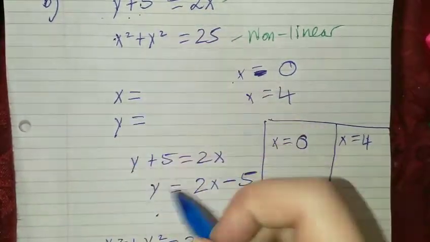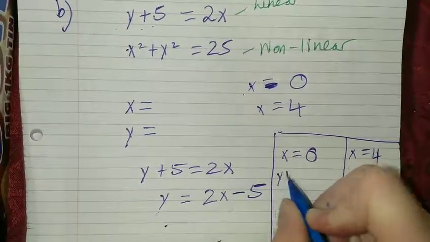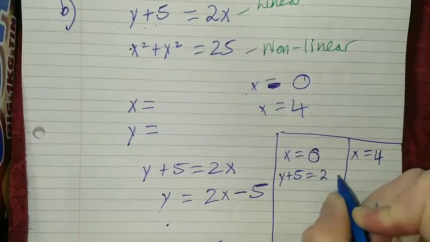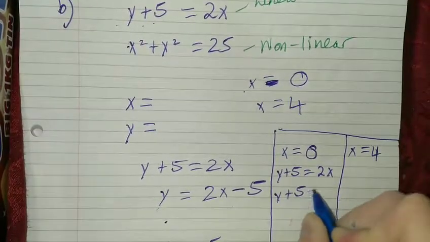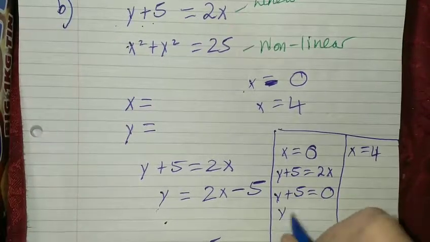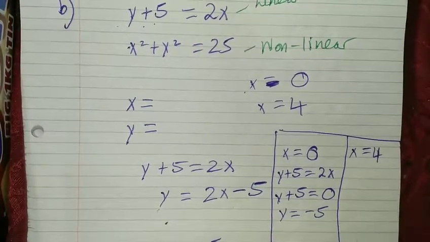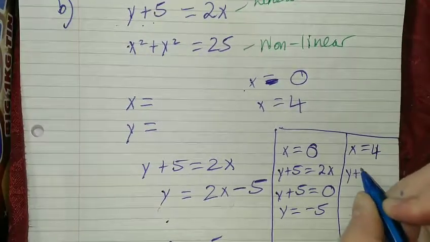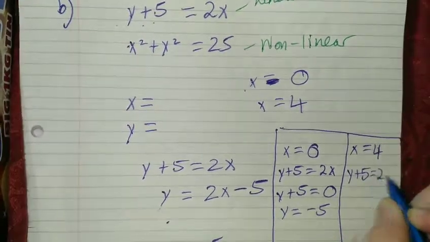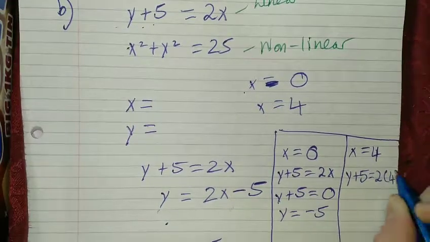So when x is equal to 0, if we sub into y plus 5 is equal to 2x, when x is 0, y plus 5 is equal to 0, so y is equal to minus 5. So that's the first pair. And when x is equal to 4, I get y plus 5 is equal to 2 multiplied by 4.